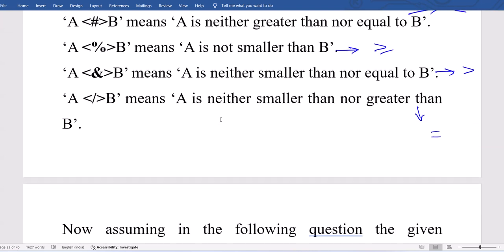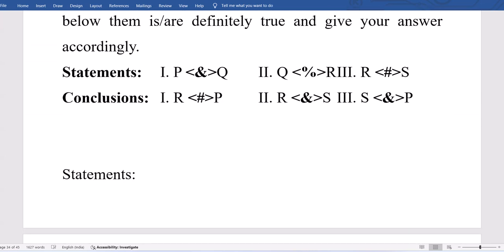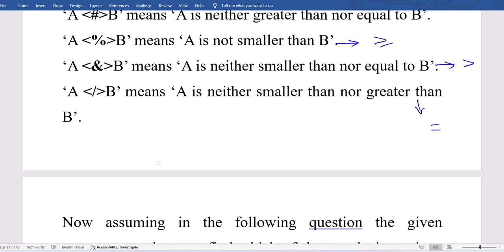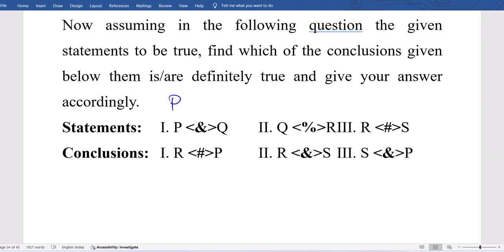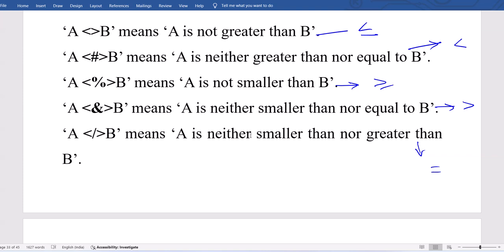Now let's focus on this. First one is P, and this symbol is greater. Percentage is either greater than or equal to hash, hash is less than.